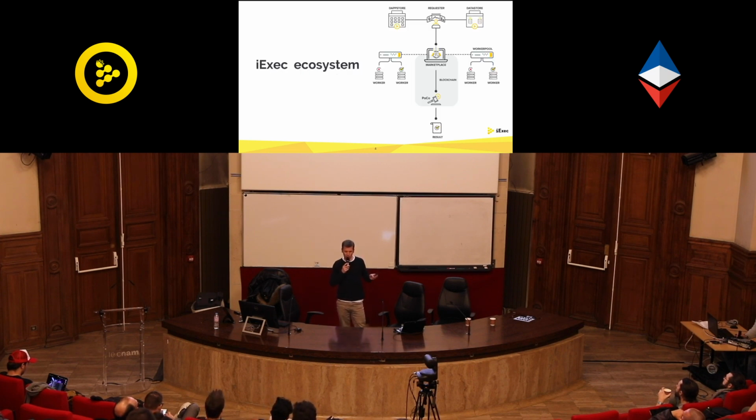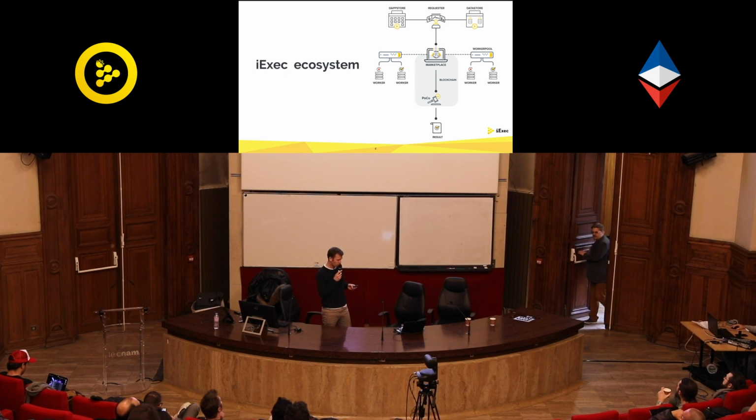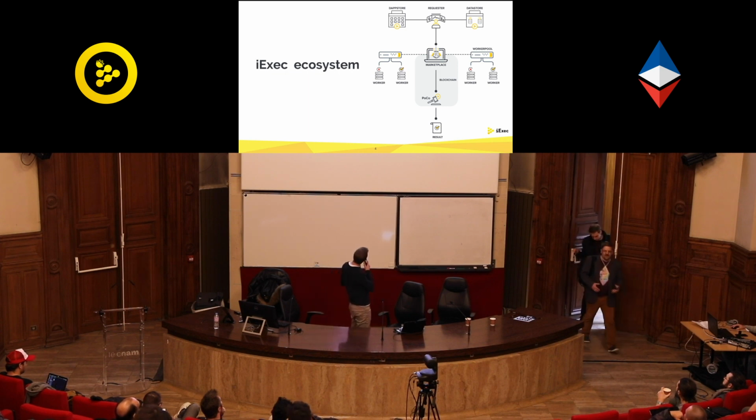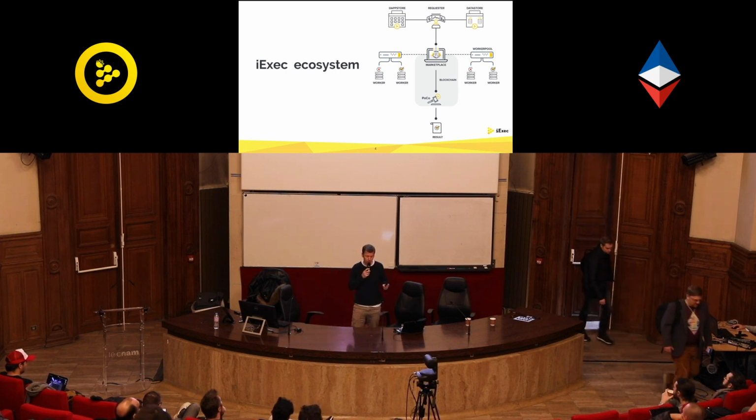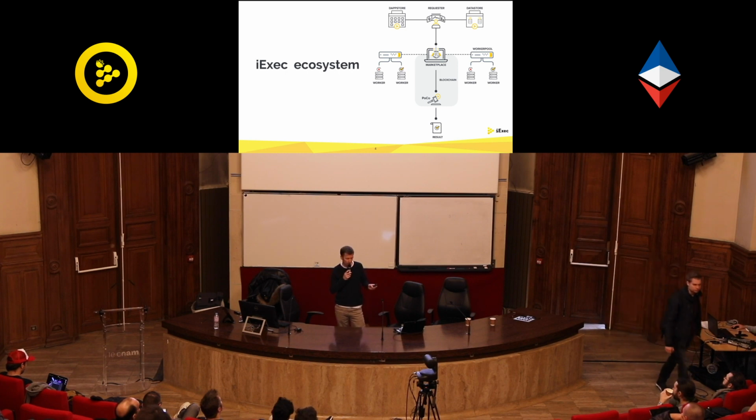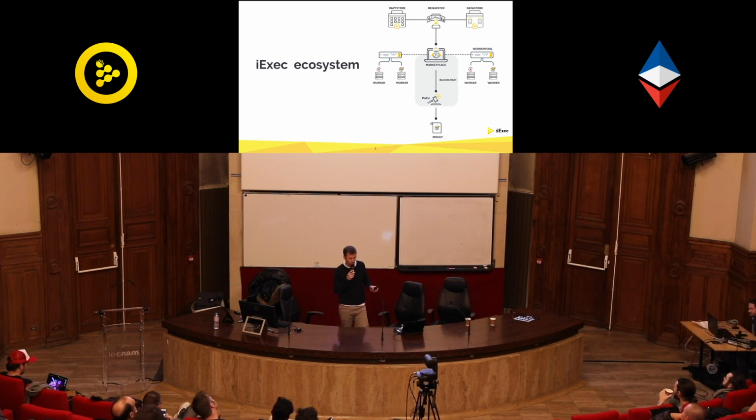So briefly, I will introduce the iExec ecosystem for those who didn't know. We use blockchain for two things. The first thing is to create a marketplace. So the blockchain is used to seal deals between actors into the blockchain. When we say actors, there are three main actors.